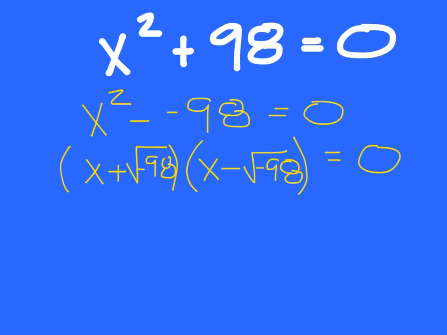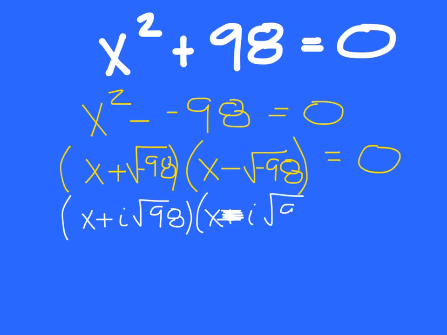Now what do I do? So we take out an i from each one. I meant to make that minus. I can't erase it. Okay, now what? Simplify your square root.